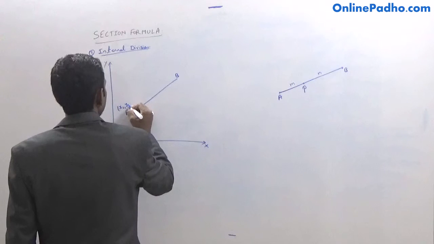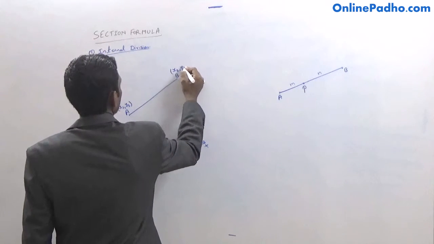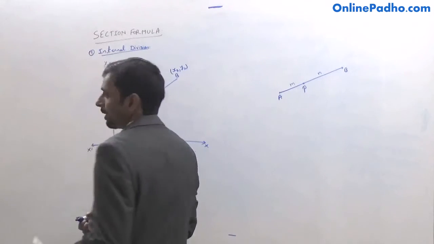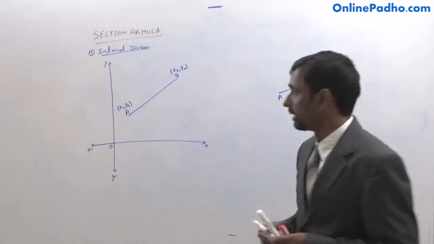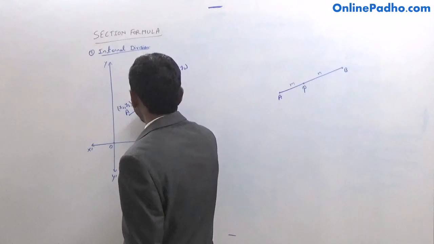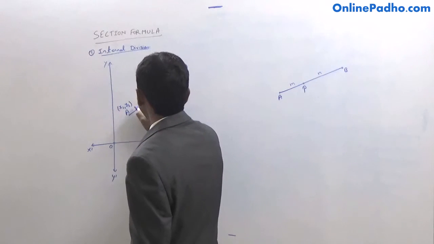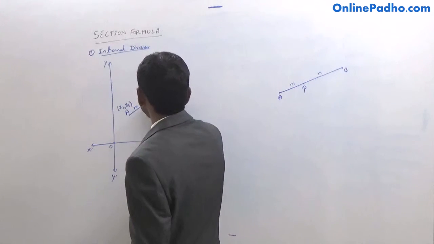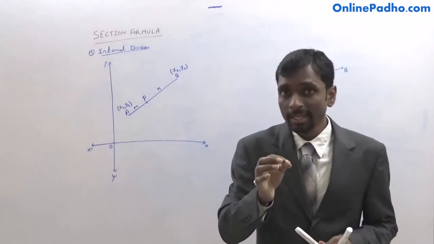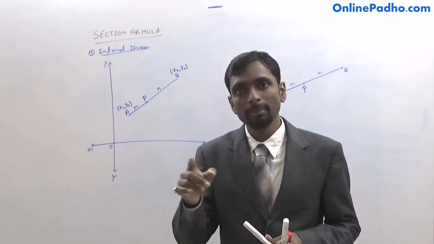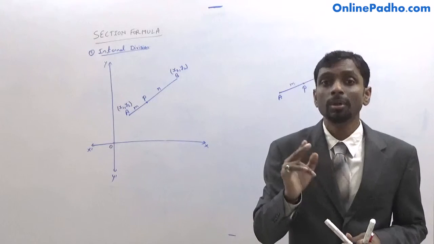Let's consider the coordinates of point A as x1, y1 and the coordinates of point B as x2, y2, right? And consider any point on this line segment, point P, which divides this line segment in the ratio m:n.